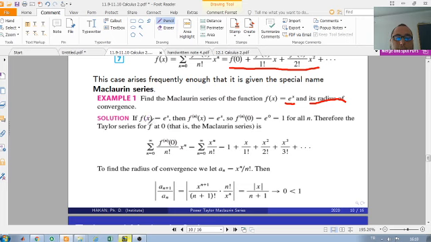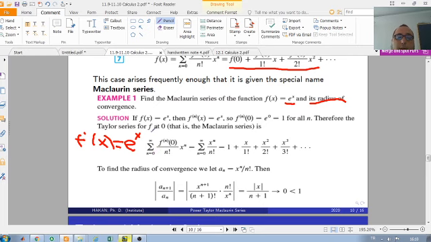So you know, the first derivative of exponential x is equal to itself, the first derivative f prime(x) is equal to e to the power x, if you remember. The second derivative will be itself, the third derivative will be itself.